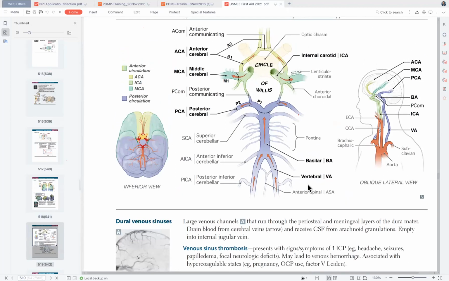Okay. Have you done this circle of Willis? Yeah, I've done the circle of Willis.